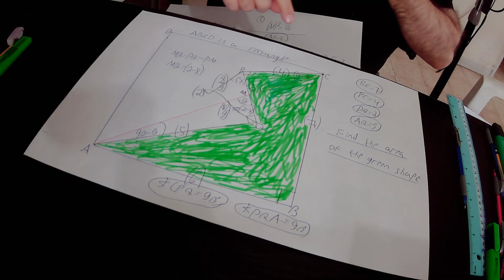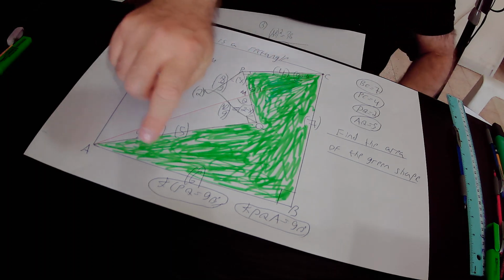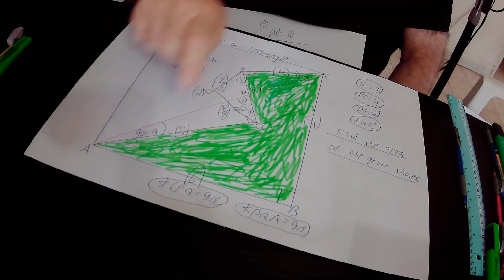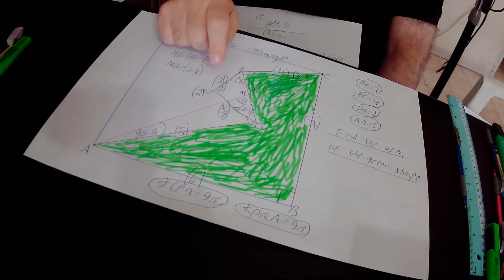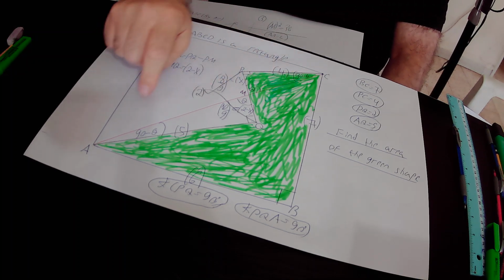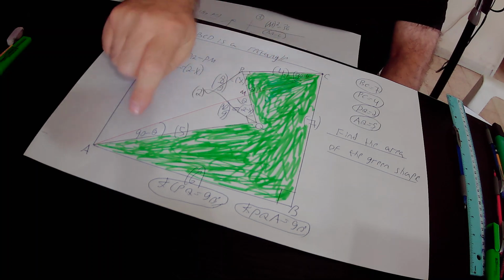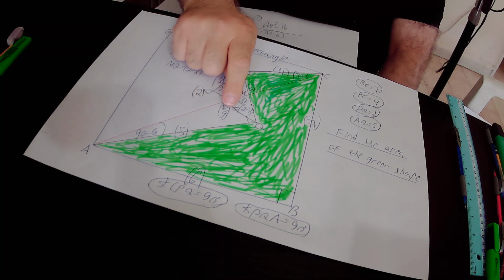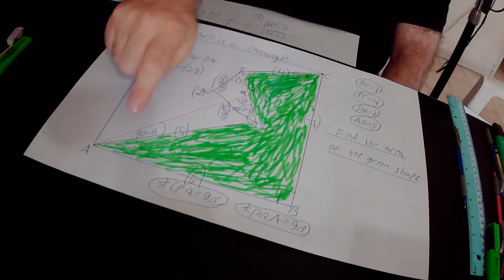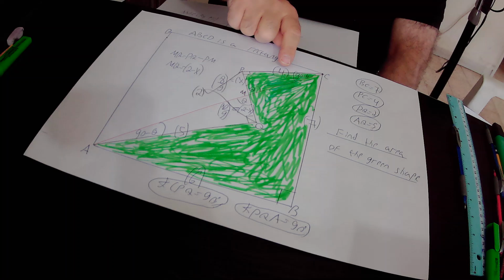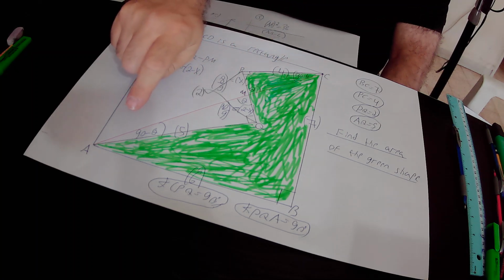The area of the green shape must be equal to the area of the big right triangle ABC, but because the area of the right triangle ABC includes this white triangle, we have to subtract the area of this white triangle from the area of triangle ABC, and we have to add the area of this small right green triangle PCM, which is not included in the area of triangle ABC.